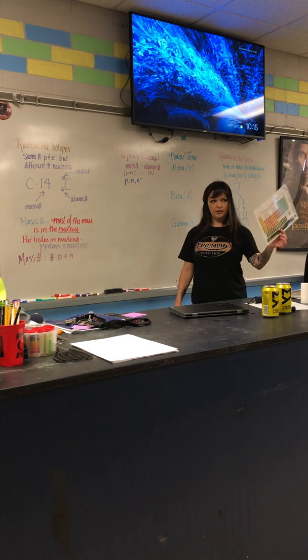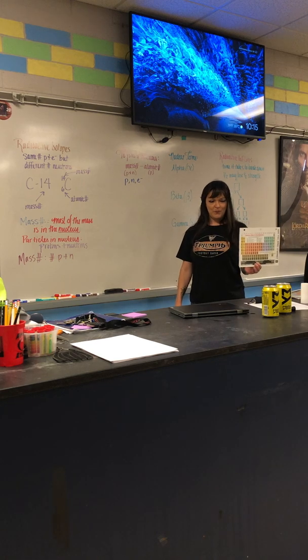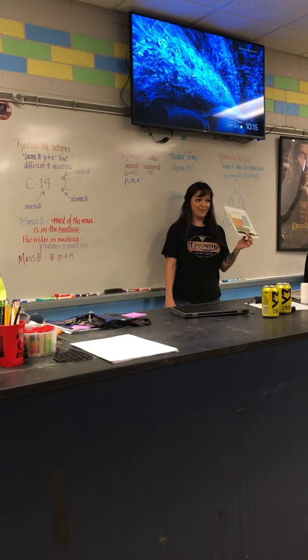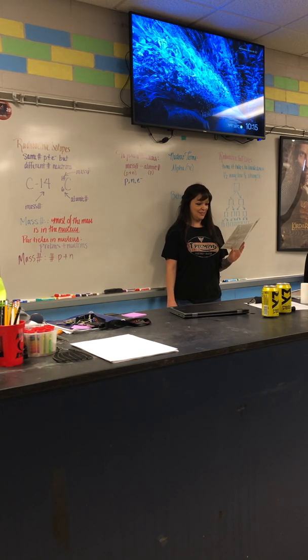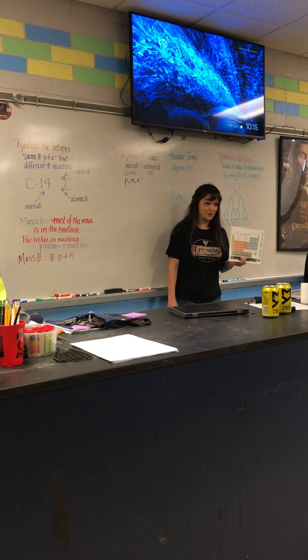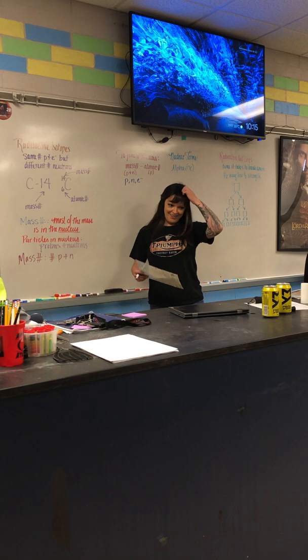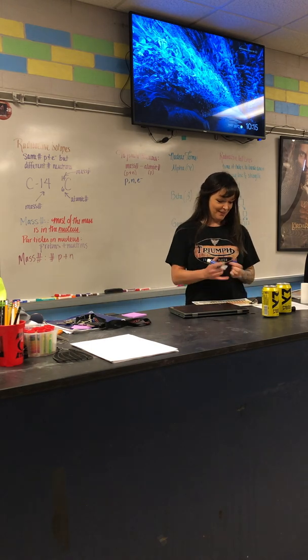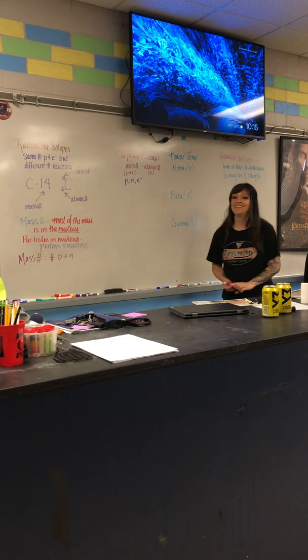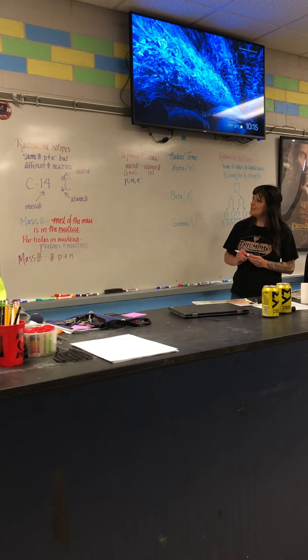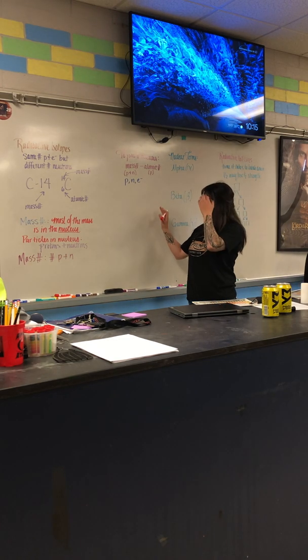What number on here tells you how many protons and electrons it has? The big number, the whole number. Yes, that's called the atomic number. So the atomic number will tell you how many protons and electrons it has.